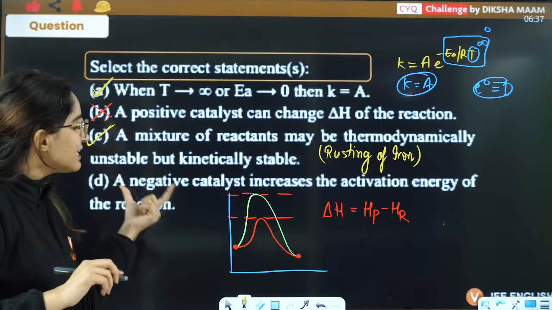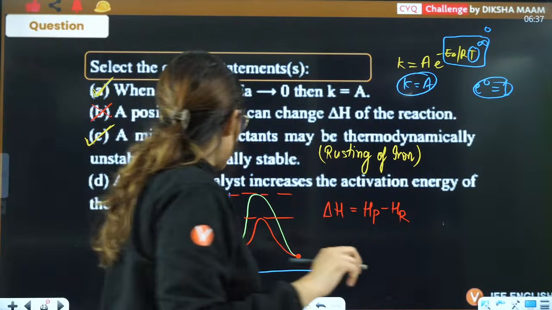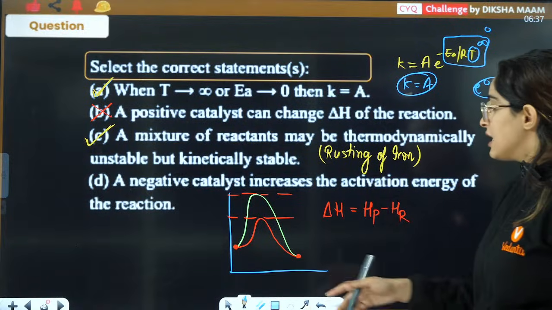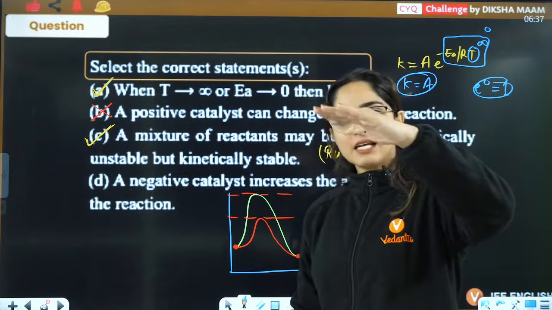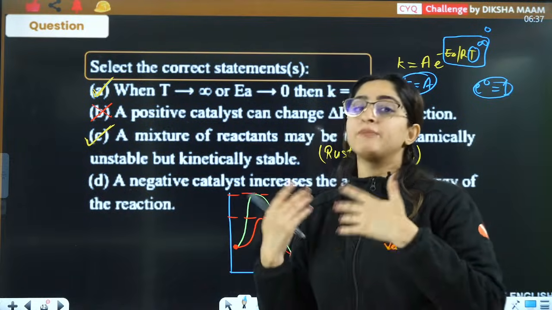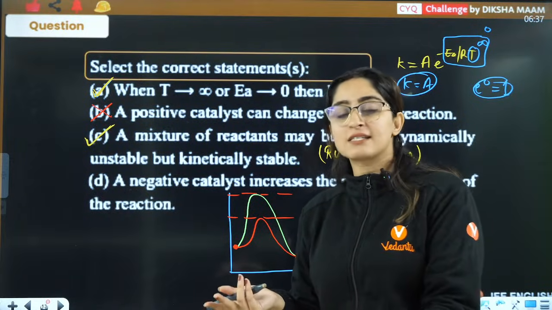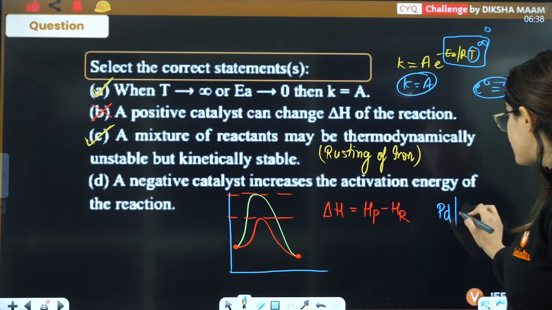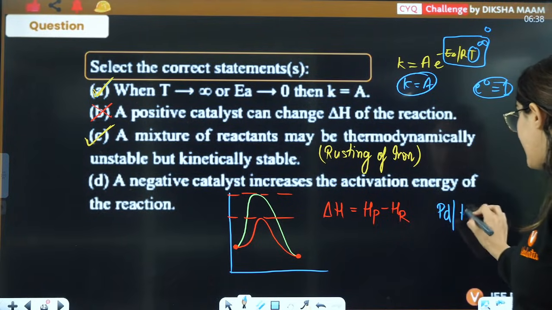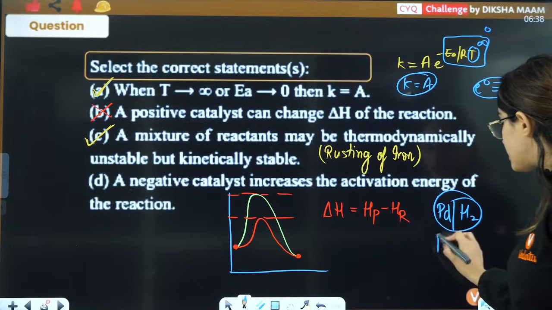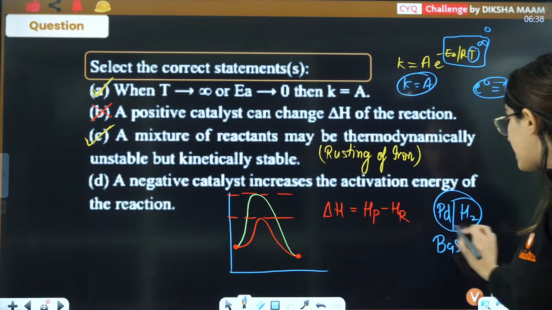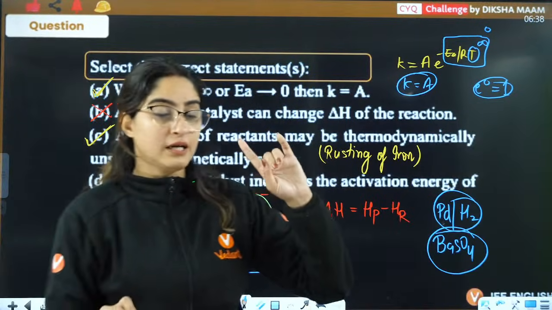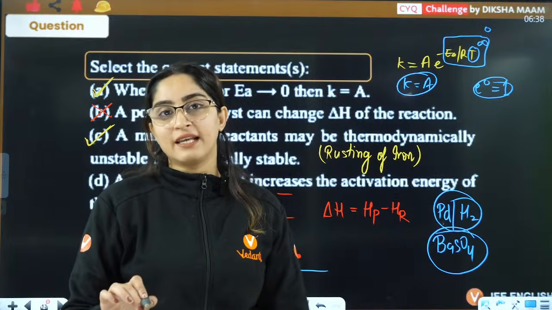Last is, a negative catalyst increases the activation energy of the reaction. Definitely. A positive catalyst will decrease the barrier and make it easy. A negative catalyst is like a poison, if you remember in hydrogenation with Pd, BaSO4 and H2, Lindlar's catalyst, we use it to convert alkyne to cis alkene.